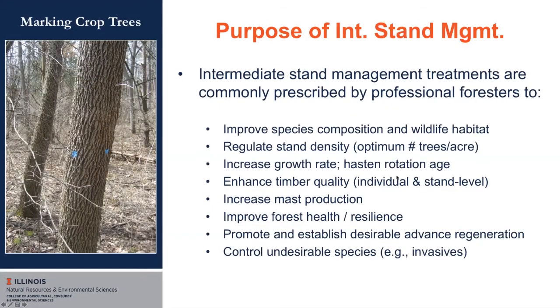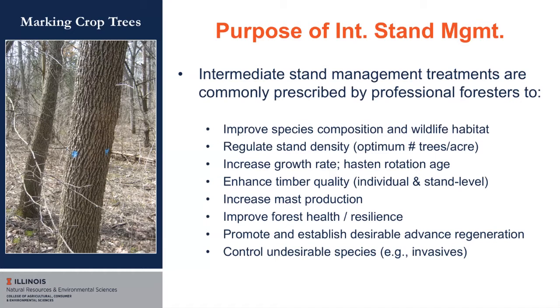So what is the purpose of intermediate stand management? Intermediate stand management treatments are prescribed by professional foresters to improve species composition and wildlife habitat, okay? To regulate stand density. Stand density is a fancy forestry term for the number of trees on a given acre. And there's oftentimes an optimum number of trees per acre based on basal area and quadratic mean diameter. Those are terms you don't need to know, but stand density just basically means trees per acre.